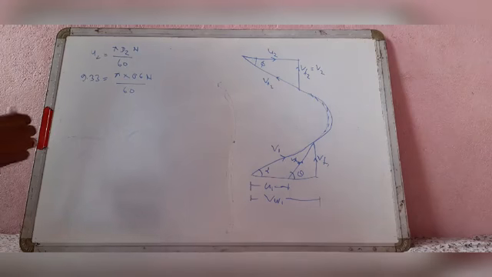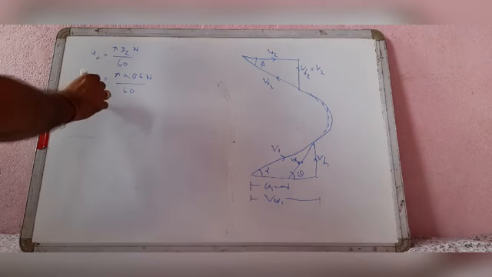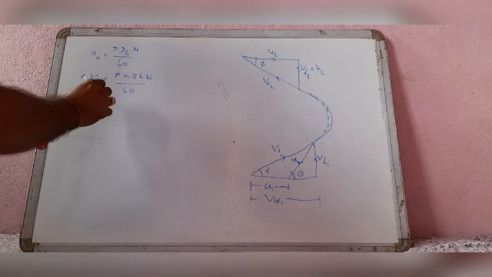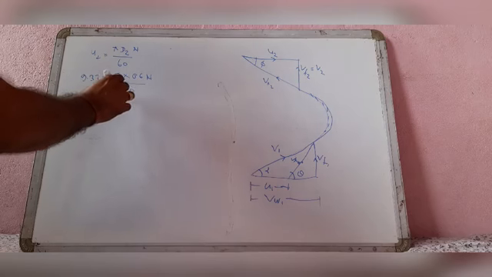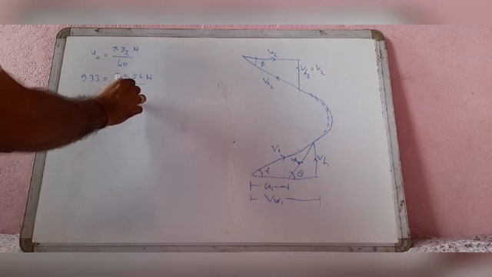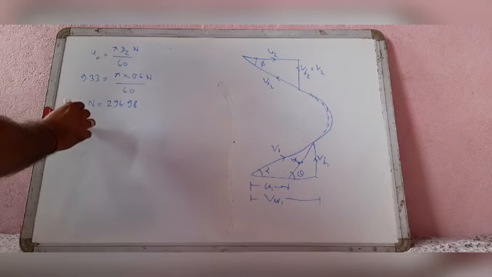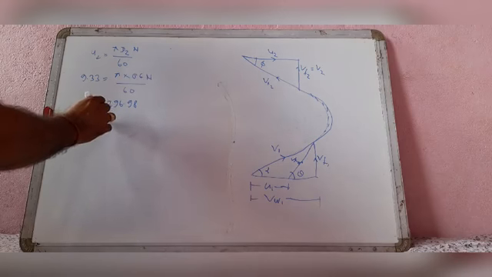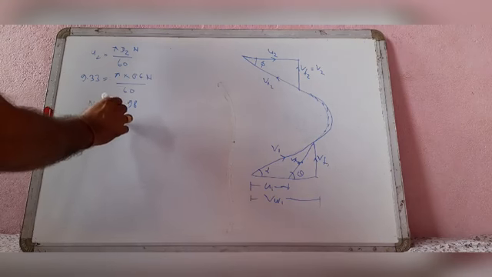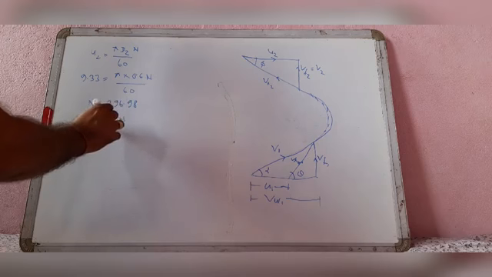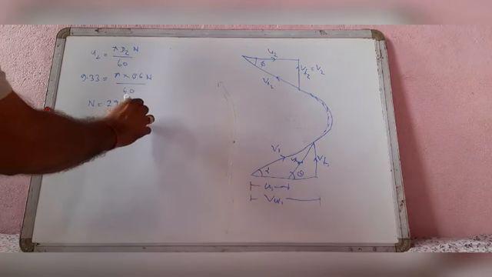So here the value of N comes to 296.98. Now similarly you have to calculate U1 for this N, that is pi D1 N by 60.